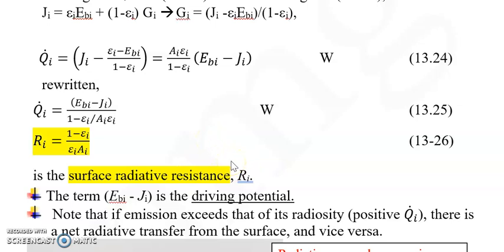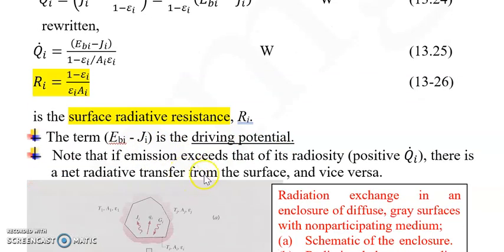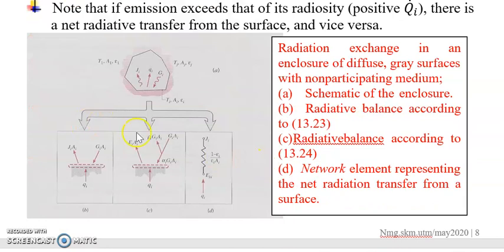Remember the thermal resistance equivalent network in chapter 3 of the ebook. The term in the numerator is the driving potential. If the emission exceeds the radiosity, with positive Qi, there is a net radiative transfer from the surface, and vice versa.